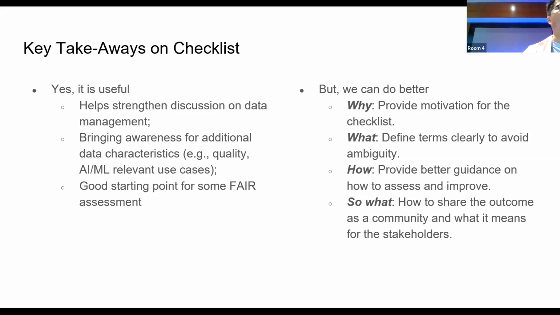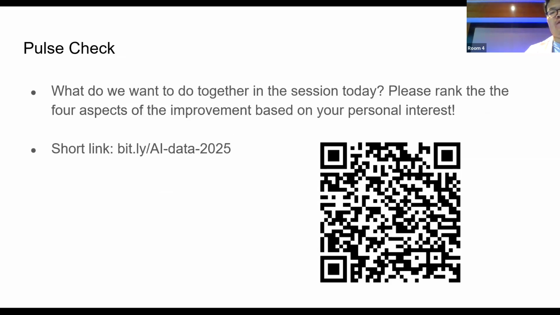That can turn into maybe a number, a score, or a card about the specific data to make it easily useful for the users. So those are four areas for improvement that we are looking into in version 2.0 of the checklist efforts.